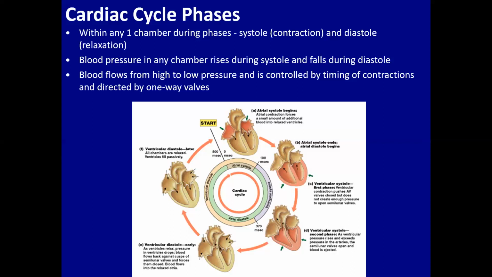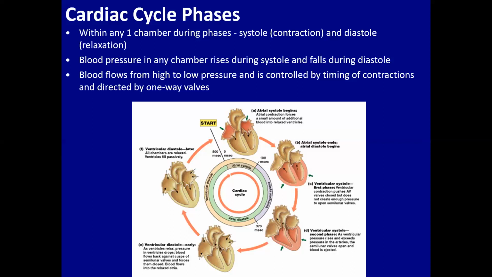During atrial systole, atrial contraction, there is blood that is released into the ventricles, all right? When atrial systole ends and atrial diastole begins, once contraction ends, then relaxation of the atria begins. But remember, it's not immediate because it is passive.